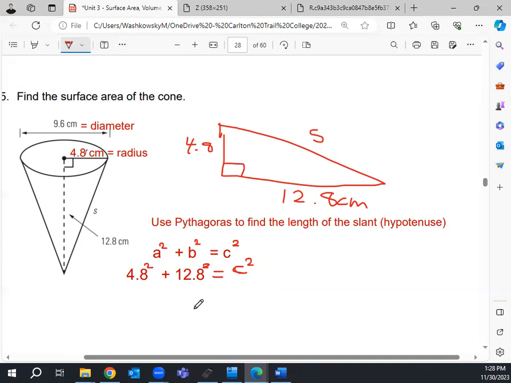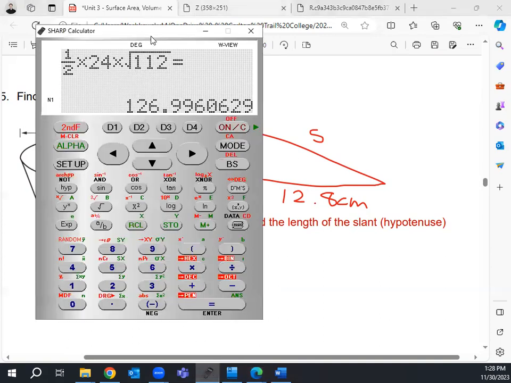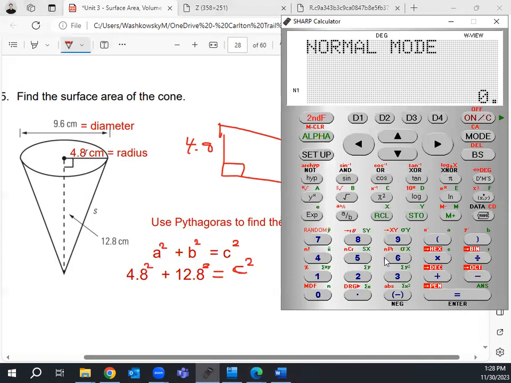And this is what I saw a lot on those concept checks, is people would literally add these up. They would go, oh, it's 4.8 plus 12.8. I would see this a lot. That's not what we do. Literally, once you've set it up, you can just punch it straight into your calculator. It's 4.8 squared plus 12.8 squared.